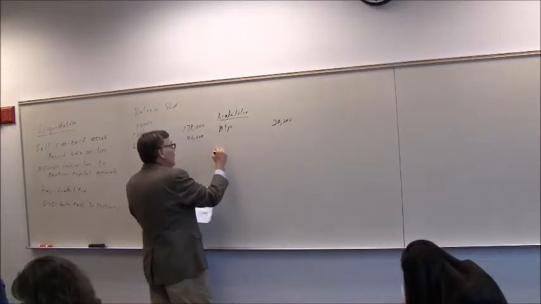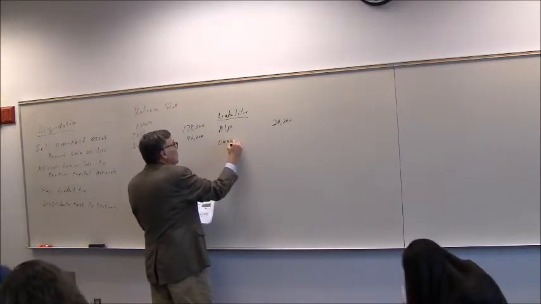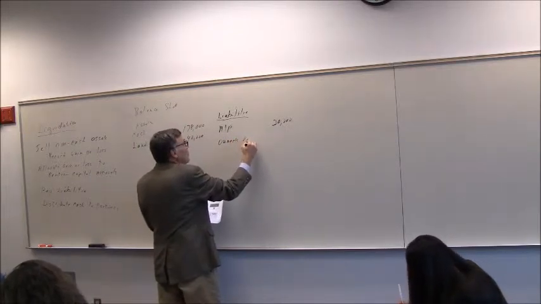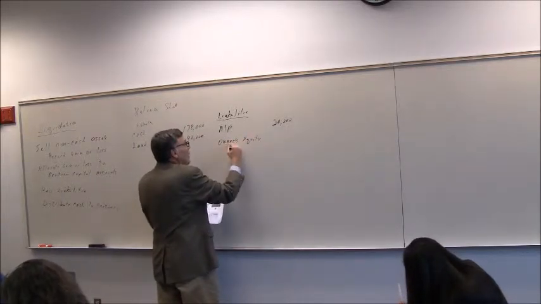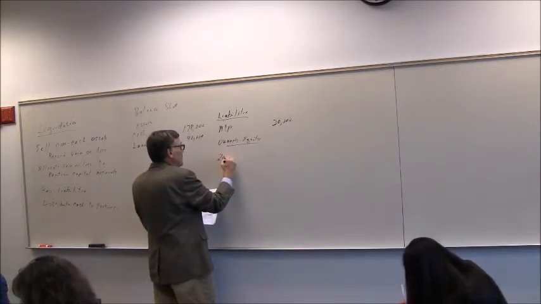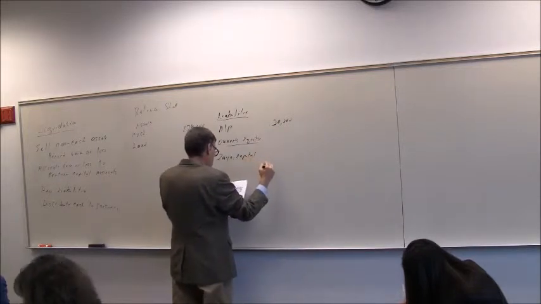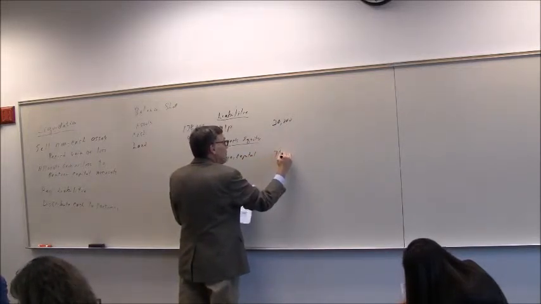And then in the owner's equity accounts, you have Zane, capital, $70,000.